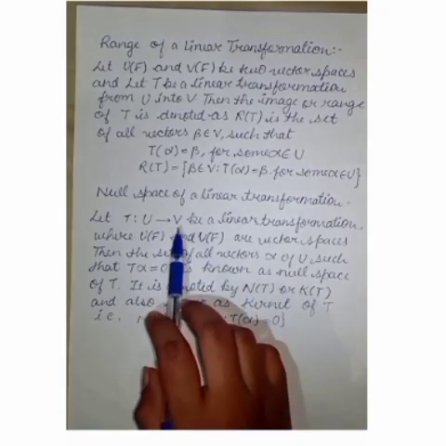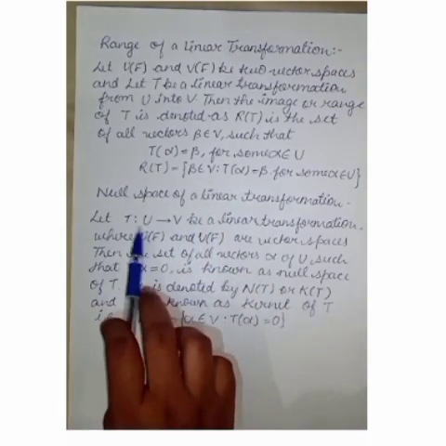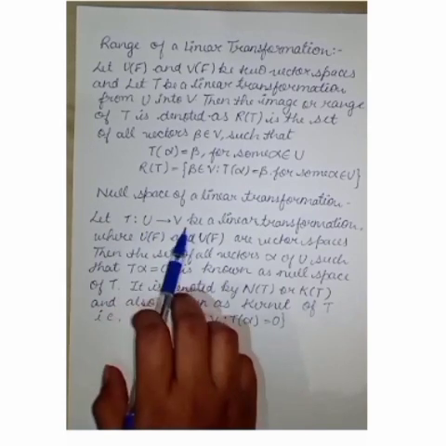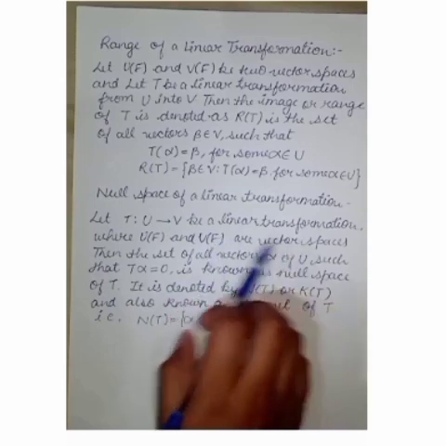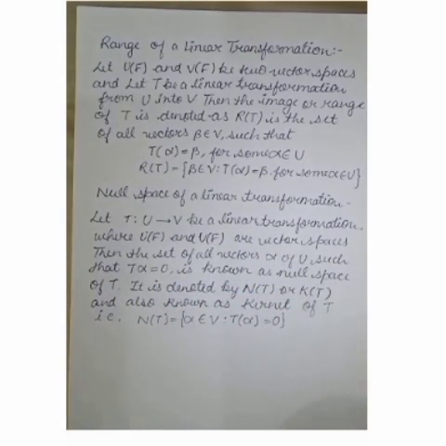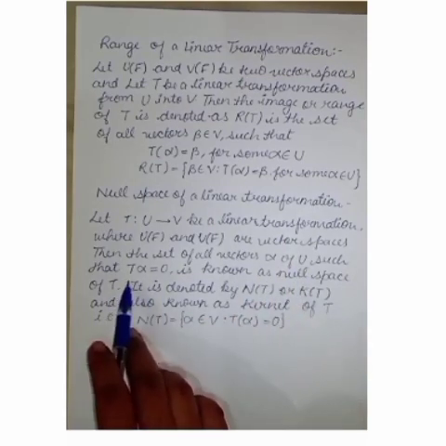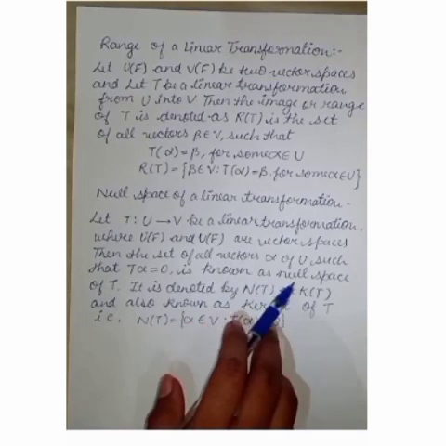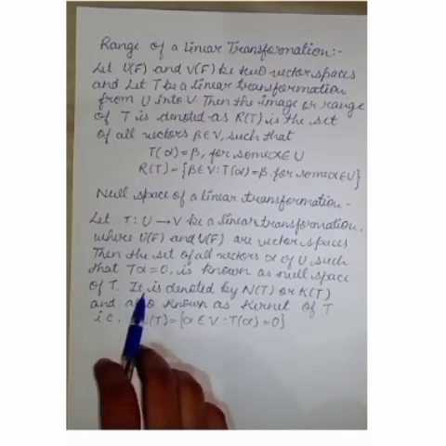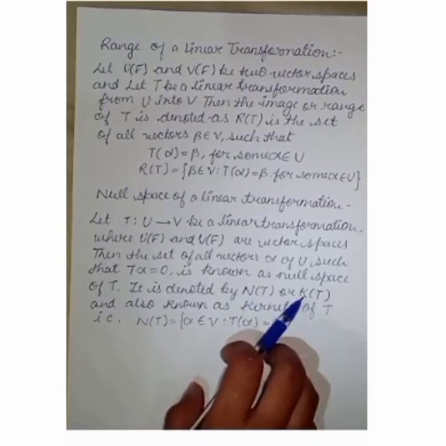What is null space of linear transformation? Let T, the transformation from U to V, be a linear transformation where U(F) and V(F) are vector spaces. Then the set of all vectors alpha of U such that T(alpha) equals 0 is known as null space of T. It is denoted by N(T) or K(T), where K is kernel.